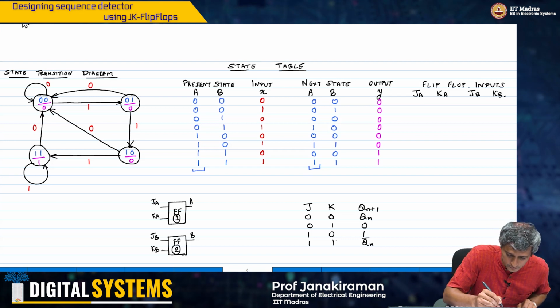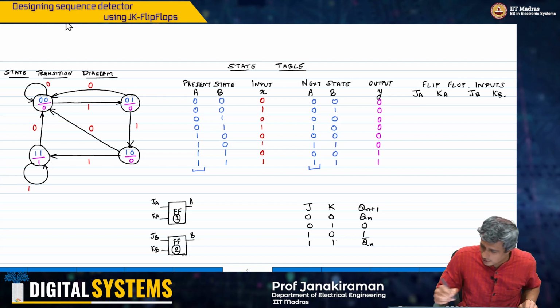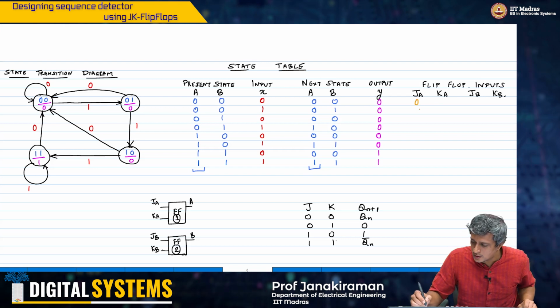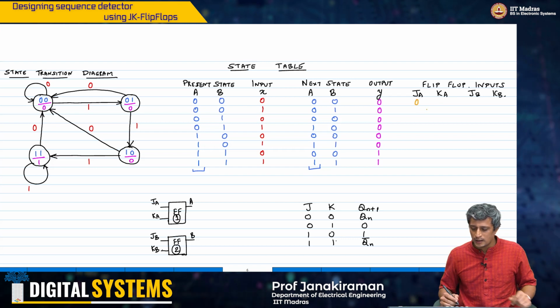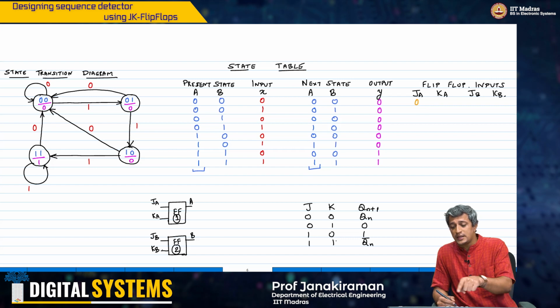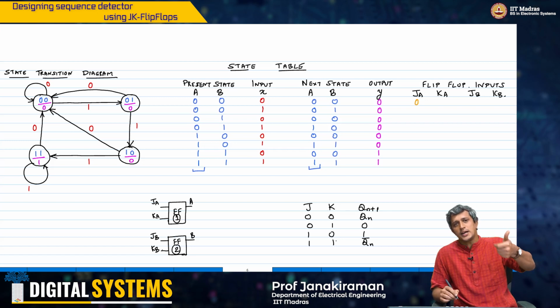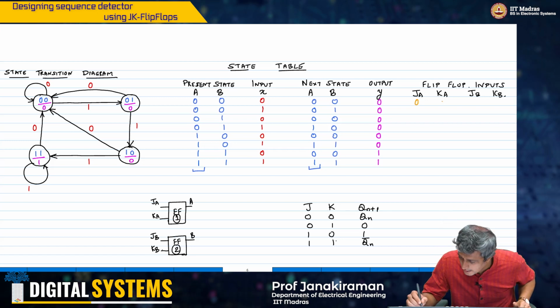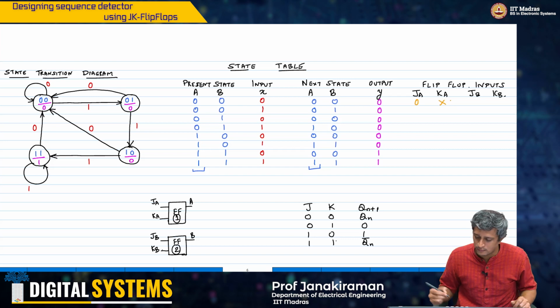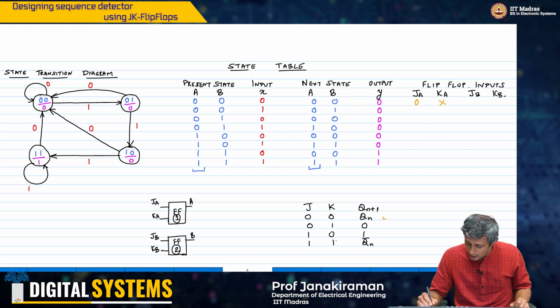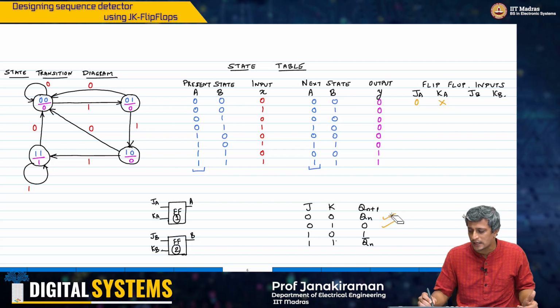So maybe I'll use a different color now, 0. But KA, given that the present state is a 0, it's okay to either stay in that same state or to reset the flop. Therefore, KA can be anything, whether it's 0 or 1. It doesn't matter.